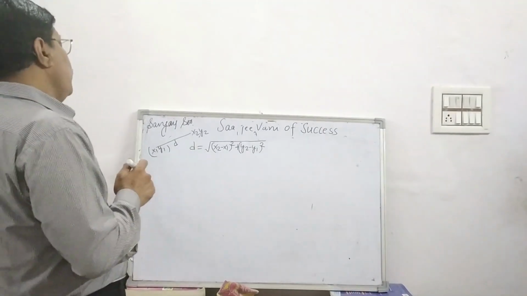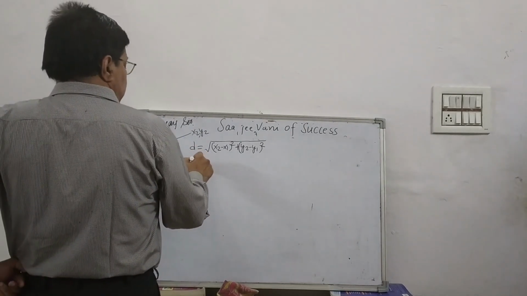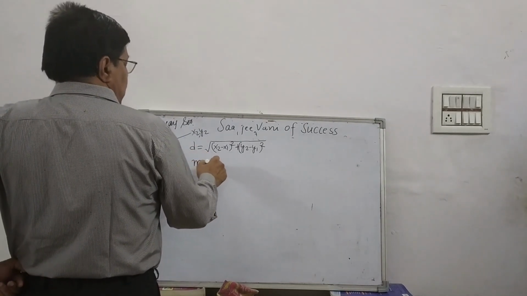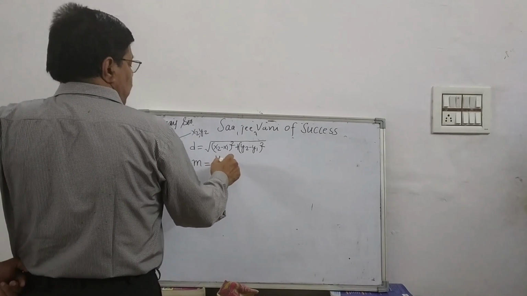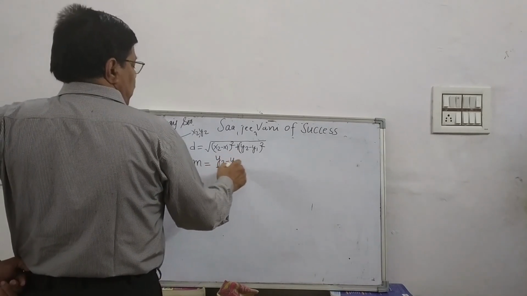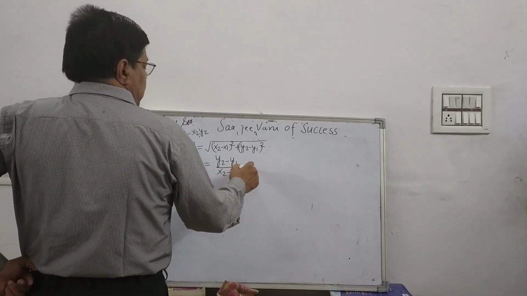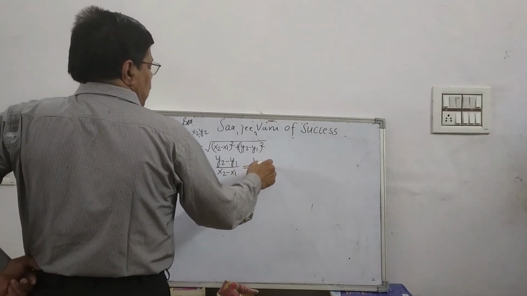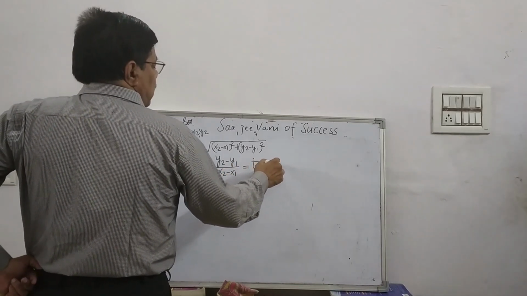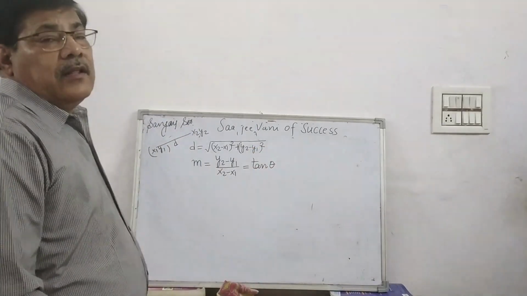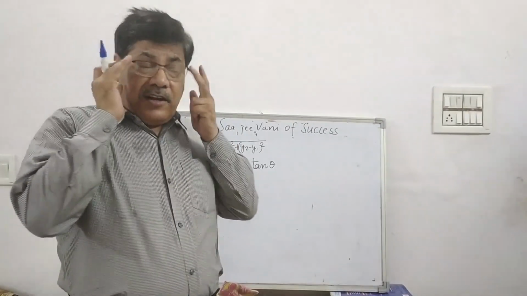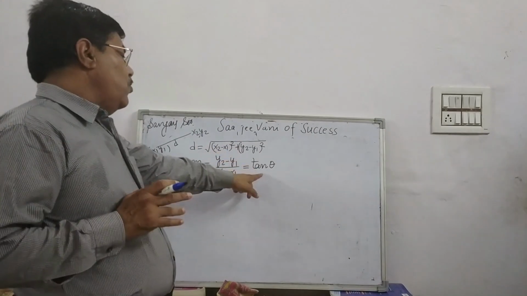Okay, how will you find out the gradient? Gradient is denoted by m. That is found by this formula: y2 minus y1 upon x2 minus x1. It can also be found by m equal to tan theta. Suppose angle is given, then you can easily find out the gradient by finding the tan of that.